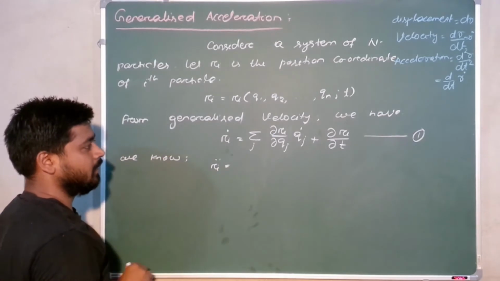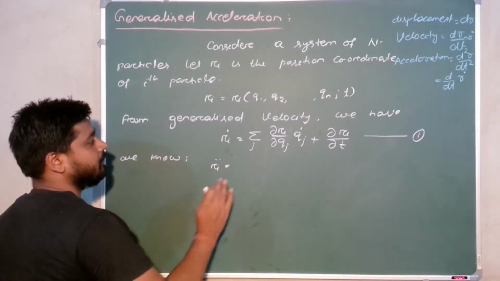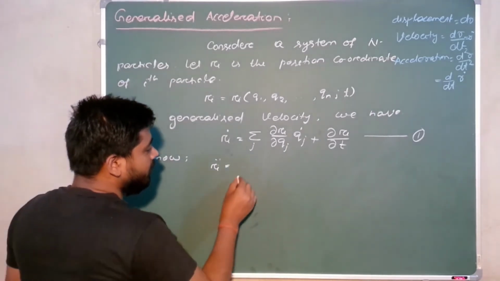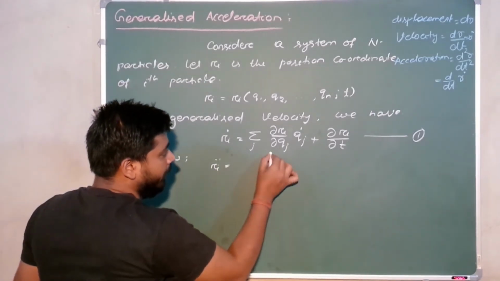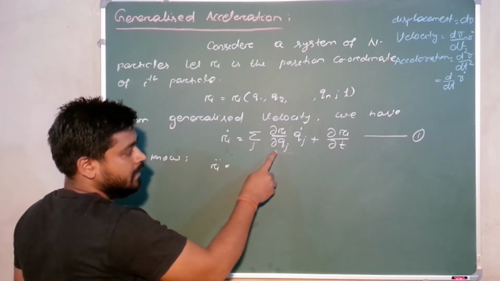Ri double dot. What do we get here? Just differentiate equation 1 with respect to time, using the product rule: first differentiate this one and then differentiate this one.